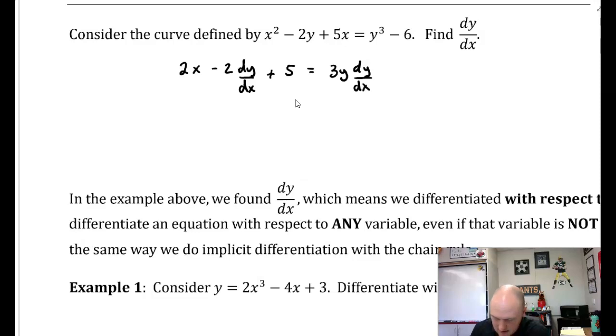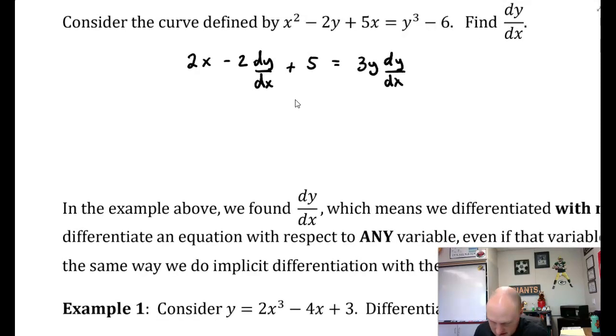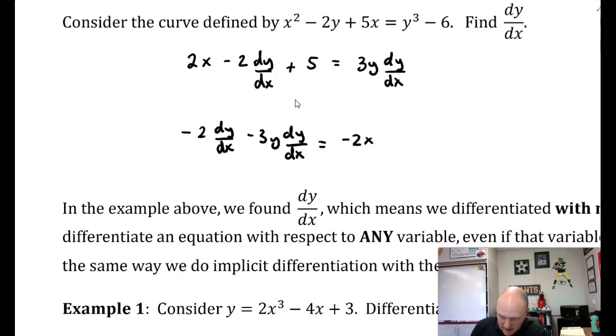Okay, and now I want to gather my terms on the same side. So we have negative 2 dy dx minus 3y squared dy dx, and we're going to move the 2x and the 5 over.